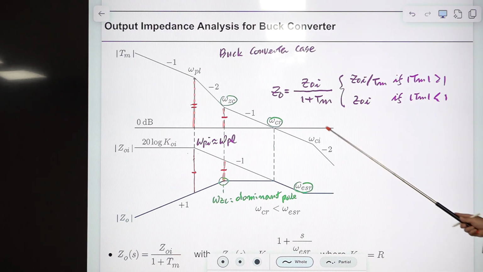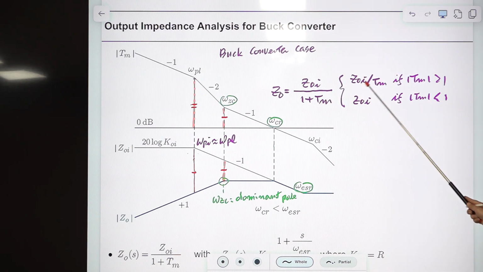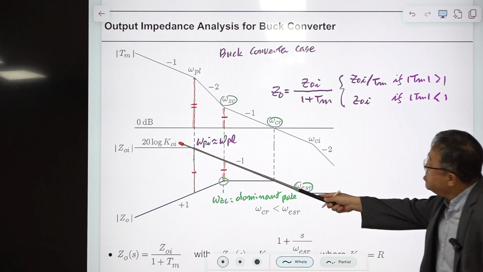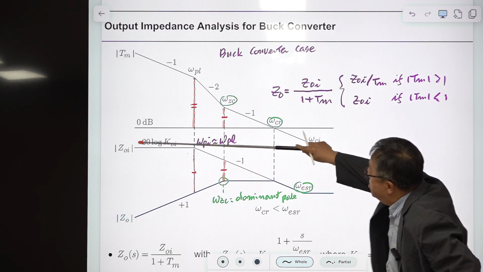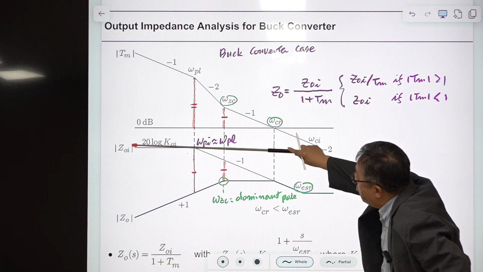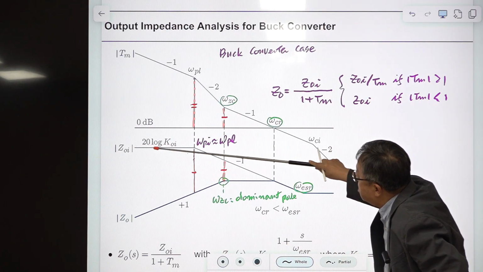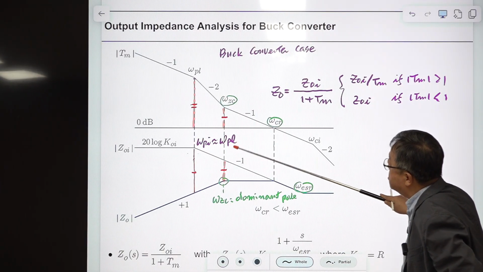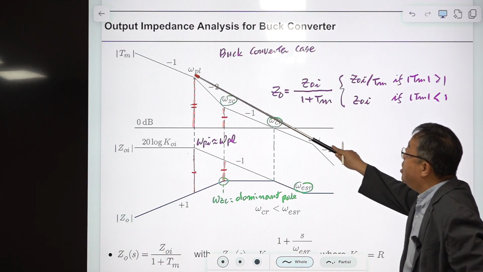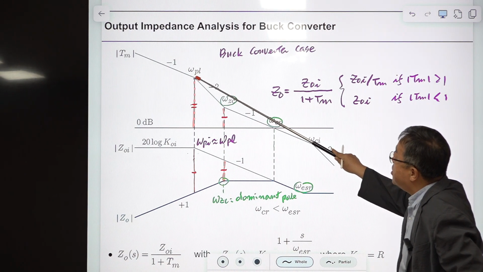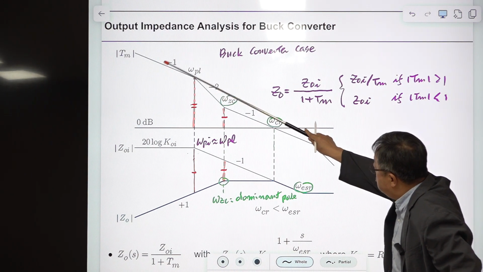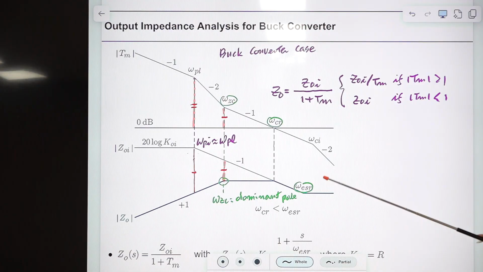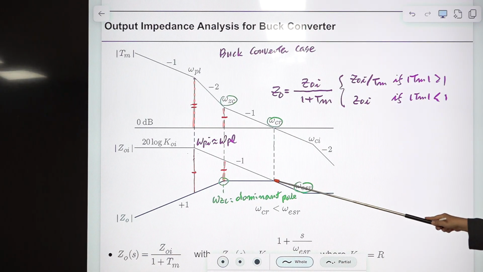For the buck converter, we know this is R, the low frequency value, the load resistance, and omega Pi is coming here, but omega Pi is practically the same as omega PL. So we have omega PL from this loop gain asymptotic plot, and this is a crossover frequency, and omega Ci is the loop gain crossover frequency of the current loop.